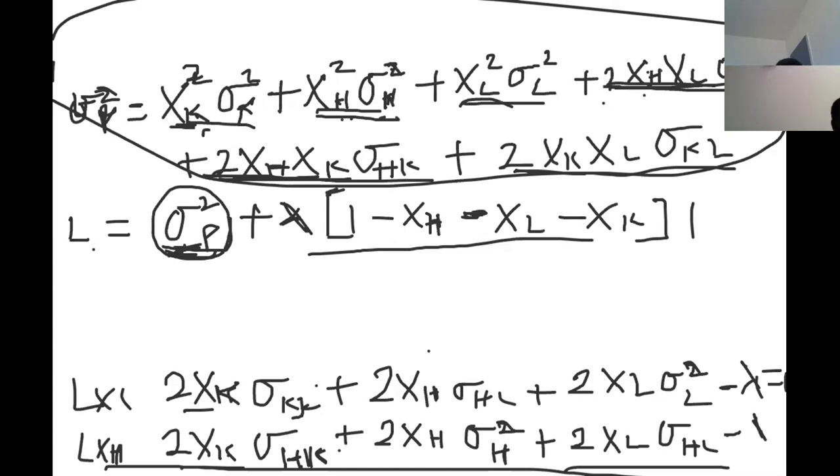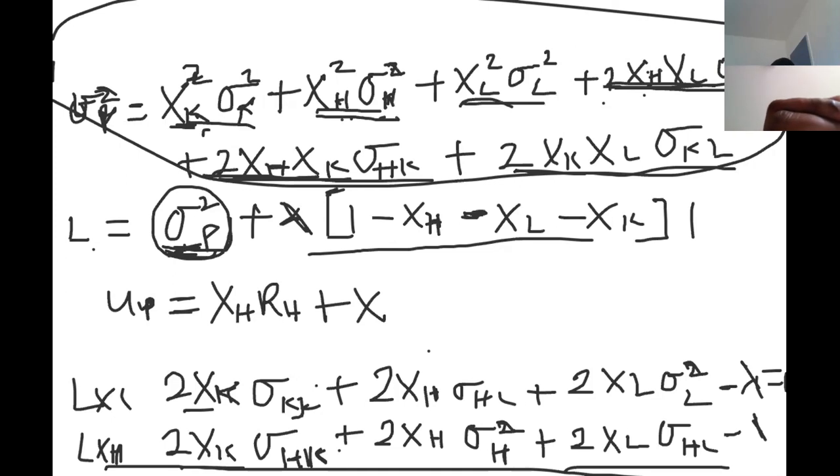Now the mean return on the portfolio is equal to x of h multiplied by return on h, plus the weight on k times return on k, plus x of l and the return on l.